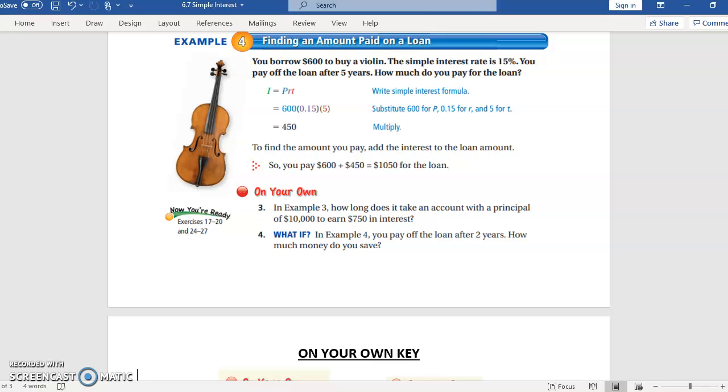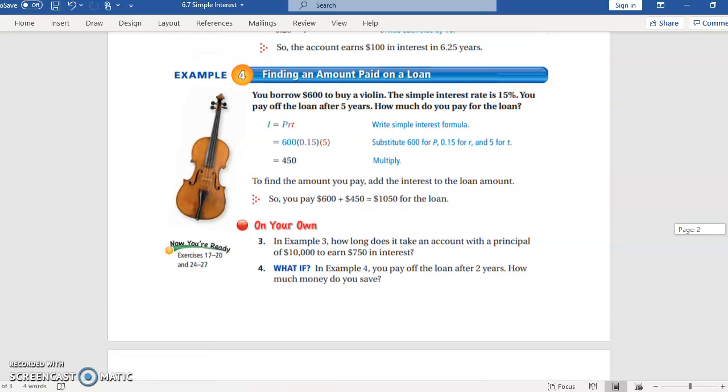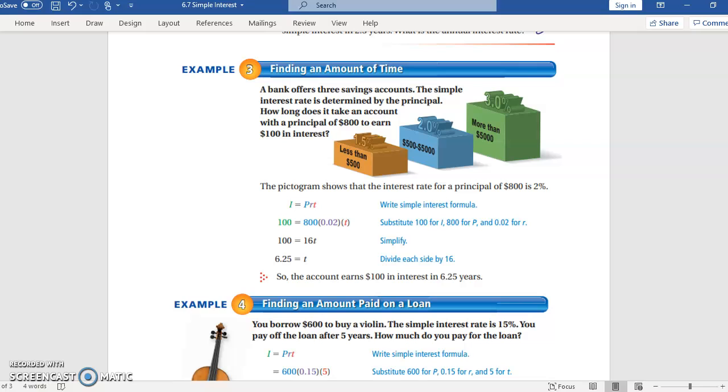Okay, so we know that in example 3, we're going to go back up. So 10,000. So we're going to do the same thing, 10,000. So up here, more than 5,000, it's 3%. So I = PRT.